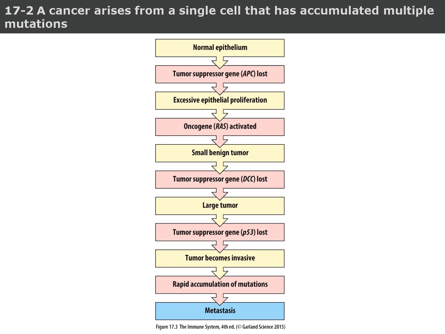Further loss of tumor suppressor genes such as DCC and P53 drives the growth of a large tumor and the transition to an invasive state. As the cancer progresses, rapid accumulation of additional mutations enables metastasis, allowing cancer cells to spread to distant tissues.